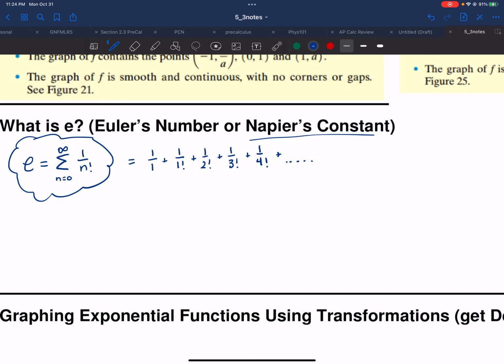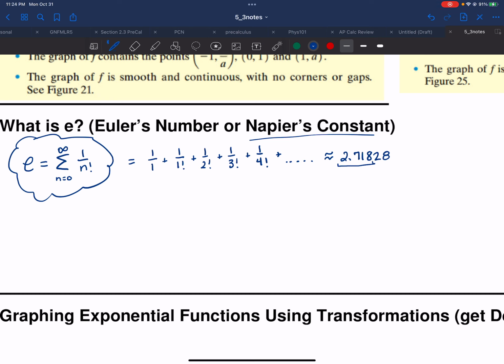And we end up getting a value that is about 2.71828. Often it's just approximated with 2.718.